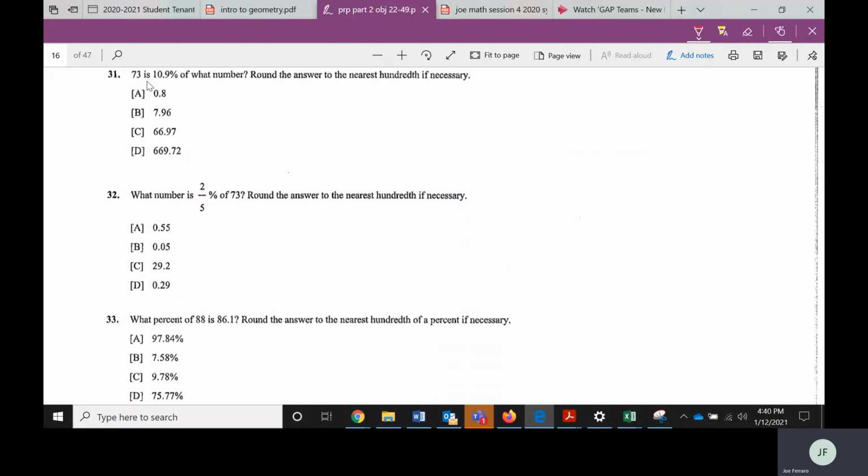So here it says 73 is 10.9% of what number? So we know that this is the percent. It's got a percent sign. So that's the first thing I always look for. Do we have a percent? We do. Then I look for the word of. If we have a number after the word of, we know what the whole is. Here, we don't.